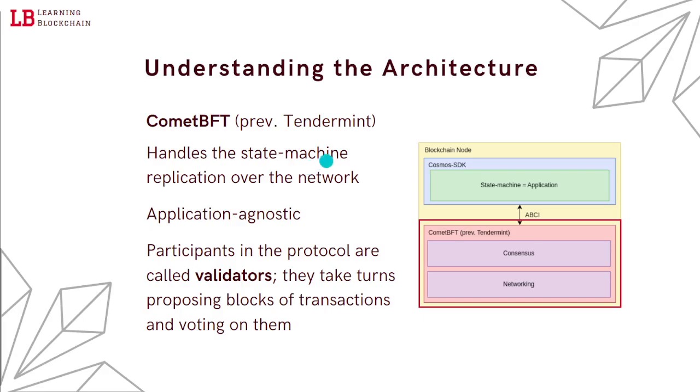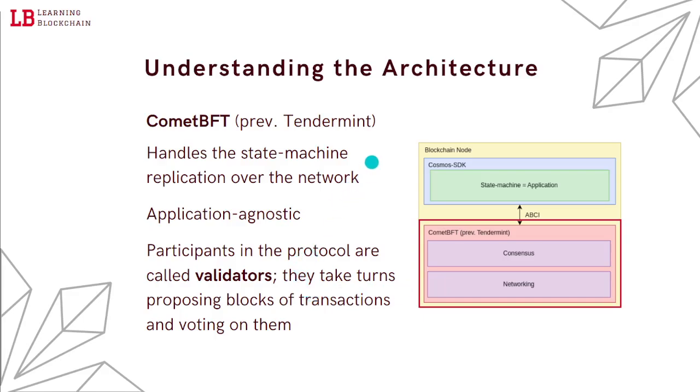Regarding the Comet BFT, previously Tendermint, it handles the state machine replication over the network. It is application agnostic and communicates with the application using the ABCI, which is the Application Blockchain Interface. This means that any application that complies with this ABCI would be suitable to use the Comet BFT consensus engine.